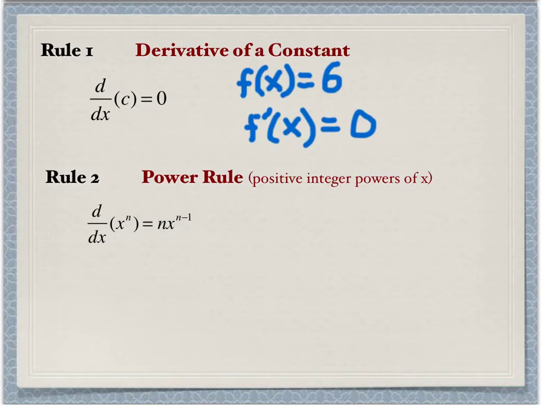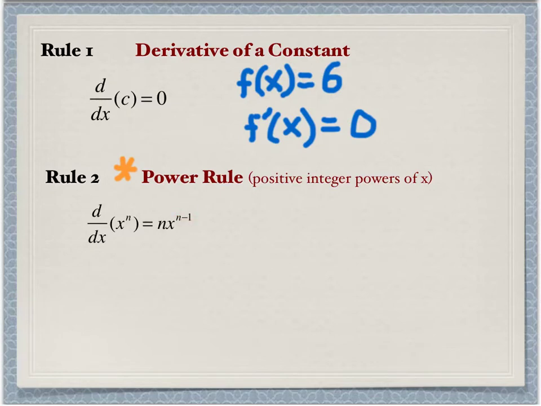Alright, the next one, the power rule. I would say this is probably the one we'll use the most often. I'm going to put a big asterisk by this. We'll use this an awful lot. Notice what this says. If we have the derivative of some power, we take that power and use it as a coefficient, in other words multiplying it by the x, and then the power reduces by 1.